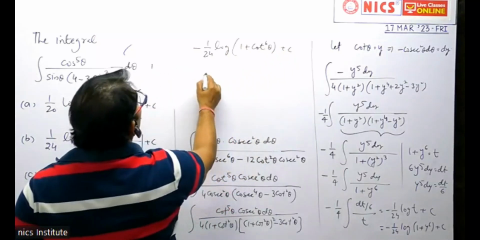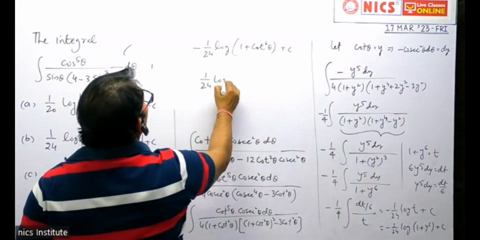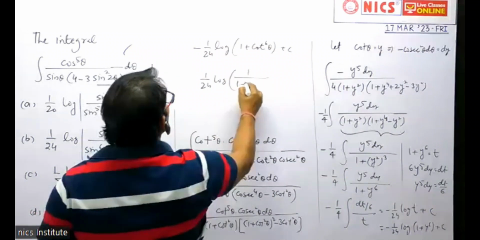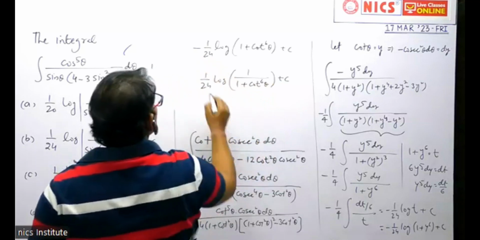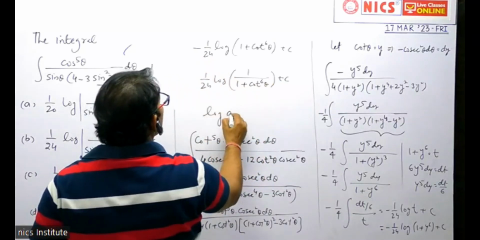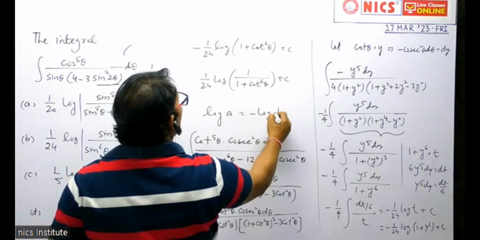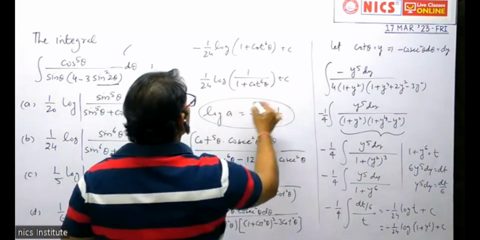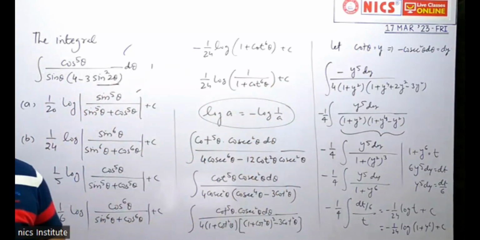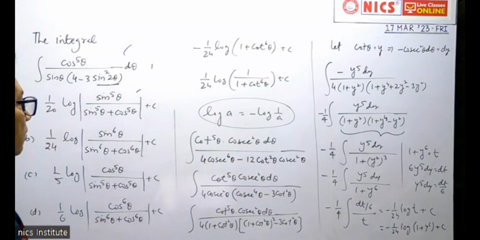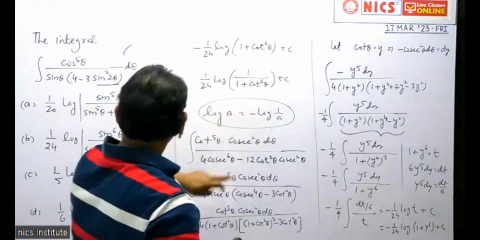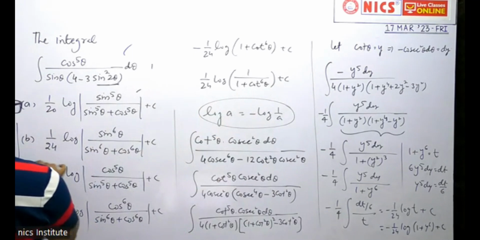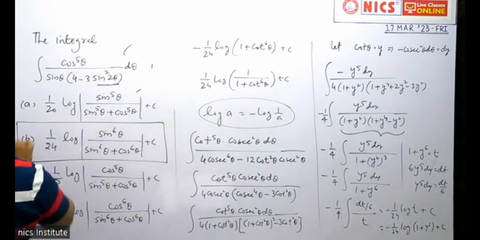You can apply the property. It will become 1 by 24 log 1 over 1 plus cot 6 theta, which you can convert to sin and cos. I'm using this: log A is always minus log 1 by A. I've used this property. So you can convert cot into sin and cos. And your answer is option B.